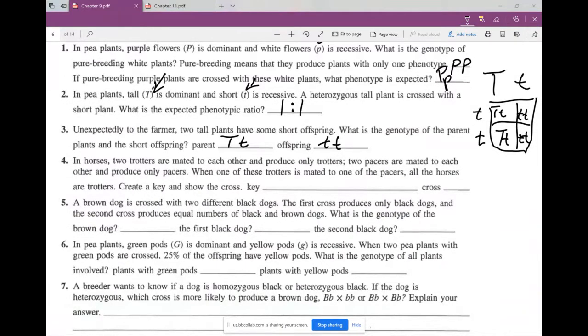Create a key to show the cross. All right, so the trotters, let's do that. We know now that the trotters are dominant. So capital T, this is our key, trotter, and little t for pacers.